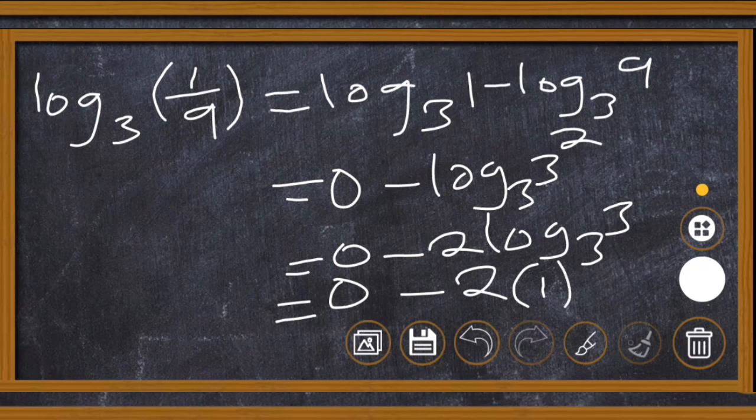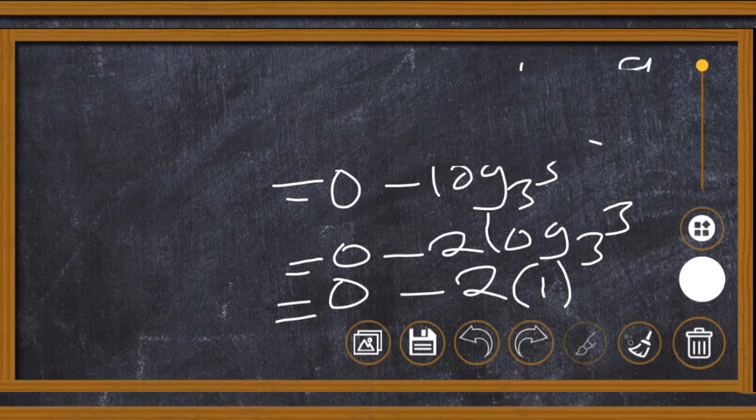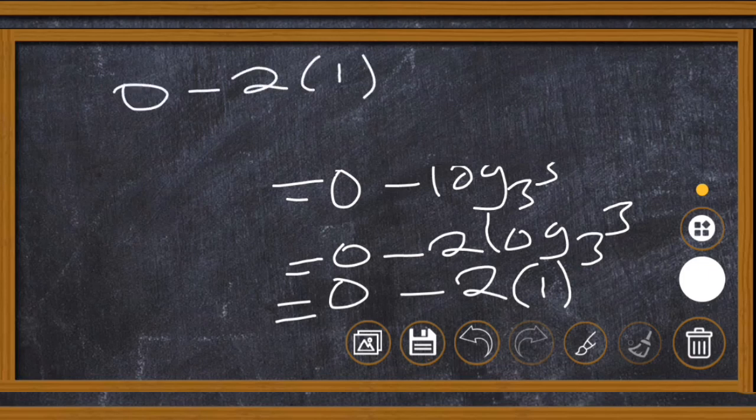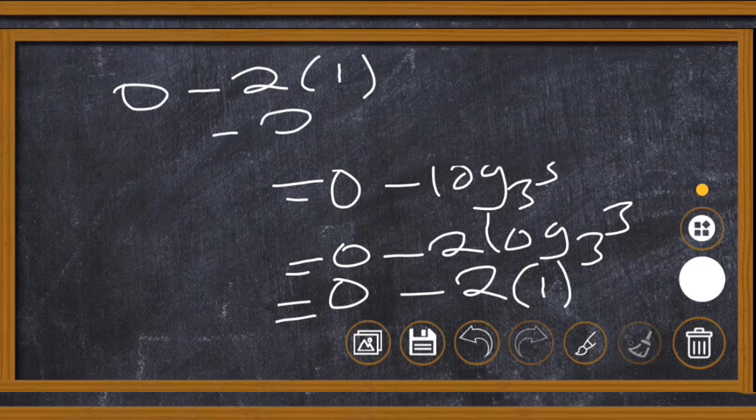So here we're going to have 0 minus 2 times 1. 2 multiplied by 1 is 2, and then 0 subtract 2 is negative 2. So this is the answer.